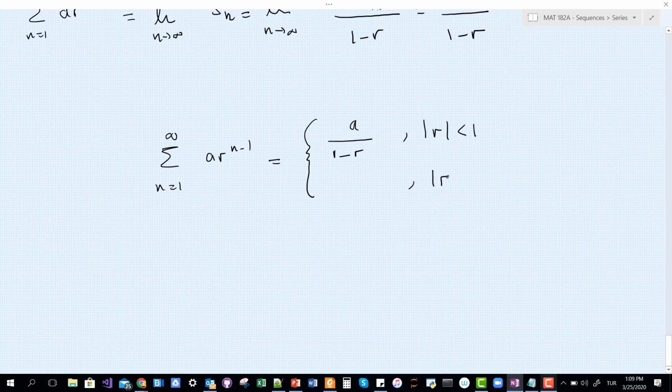But if R is not less than 1, if it is equal to 1 or bigger than 1, what will happen? This will go to infinity. It is not convergent. If this is the case, you can say it is divergent. And otherwise you can just say it is convergent.